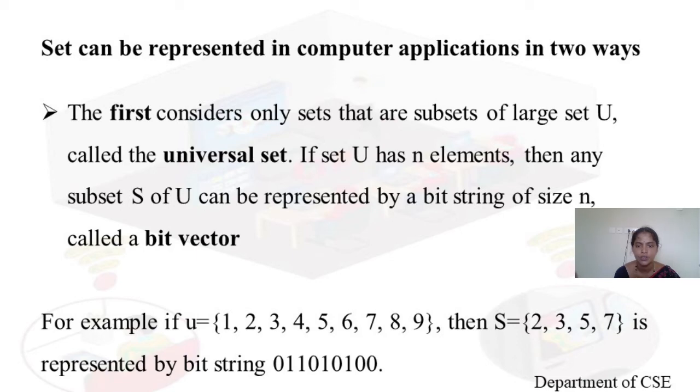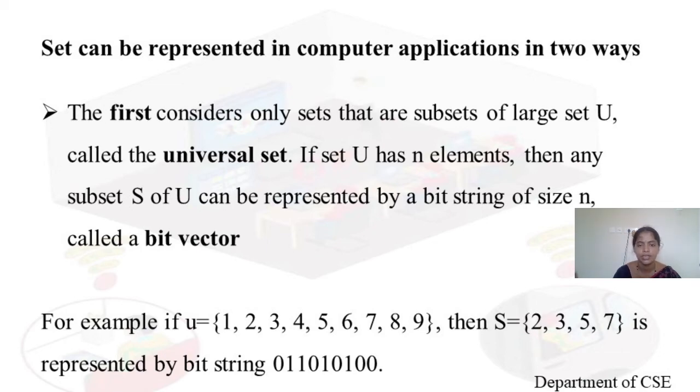The presence of 2 in subset S is represented with the value 1, and 3 is also there, so it is 1. 4 was in the universal set but is not in the subset, so there we have 0. For 5 we have 1, for 6 it is 0, for 7 it is 1, and for 8 and 9 it is 0 and 0.